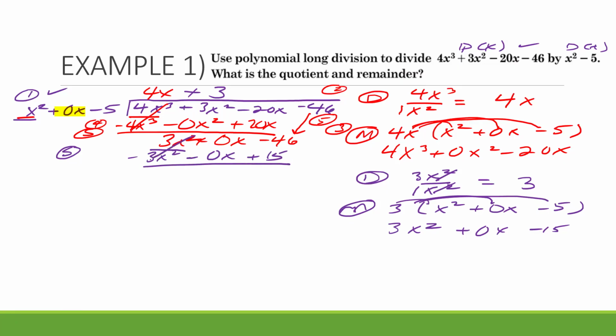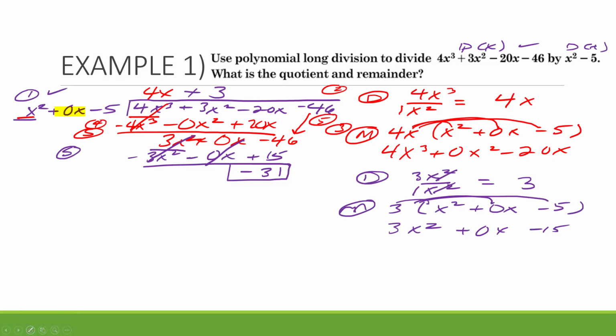And we combine, you cancel, and we're left with negative 31. And I stop, and that's because the degree of my remainder is less than the degree of my divisor.